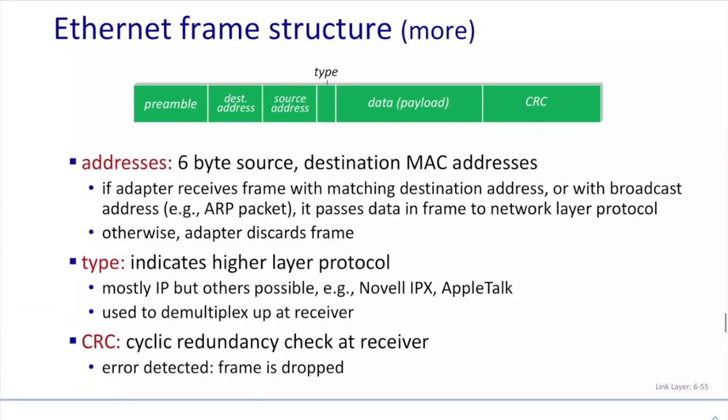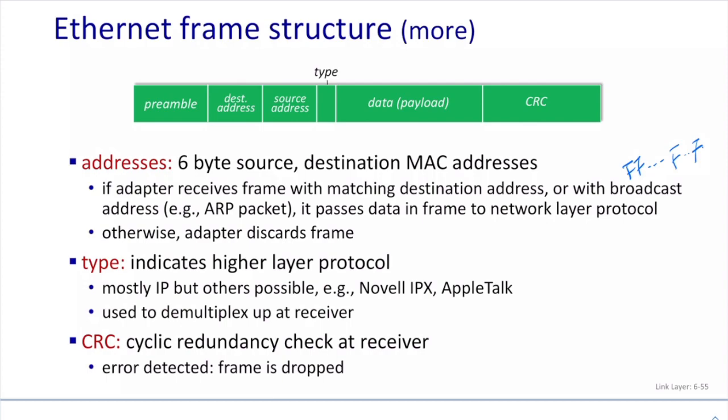As we mentioned, there are 6-byte source and destination MAC addresses. If the adapter receives a frame with a matching destination MAC address, or a broadcast address, which is all F's, it passes the data in the frame to the network layer protocol. We will do unpacking and pass the data payload, the network layer datagram, to the corresponding program in your operating system.